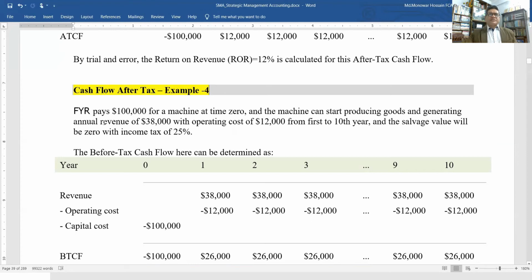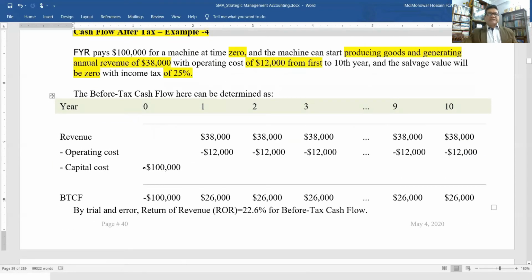Suppose I pay 1 lakh for a machine at time 0, and the machine can start producing goods and generating annual revenue of 38,000 with operating cost of 12,000 from the 1st to the 10th year, and the salvage value will be 0, with income tax of 25%.